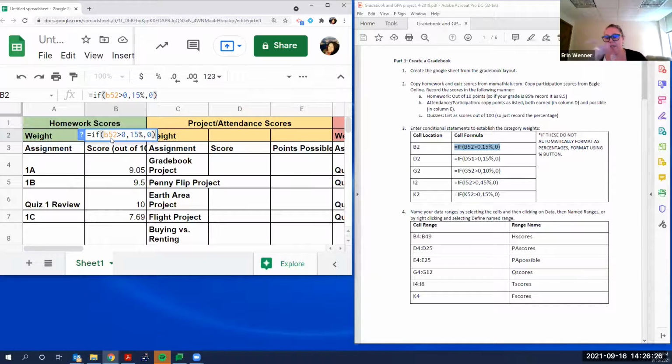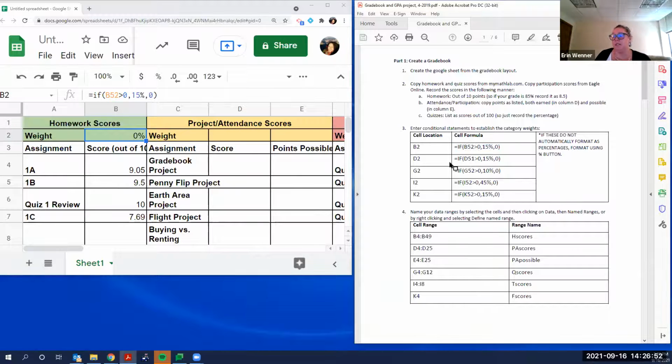And it's based upon, is there a value down in B52? Well, right now we don't have anything written in B52. So when I press enter, it's going to give me a 0%. That's okay, because the operation that we're telling Google Sheets is if B52 is greater than 0, put a 15% in here. If not, put a 0%. That's what these two statements mean.